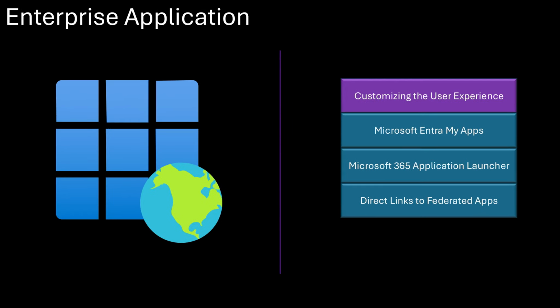Microsoft Entra ID lets you tailor how users interact with your applications and offers options like Microsoft Entra My Apps, which is a centralized portal for accessing assigned apps, Microsoft 365 Application Launcher, which provides integrated access to productivity tools, and direct links to federated apps, which provide seamless app-specific access.